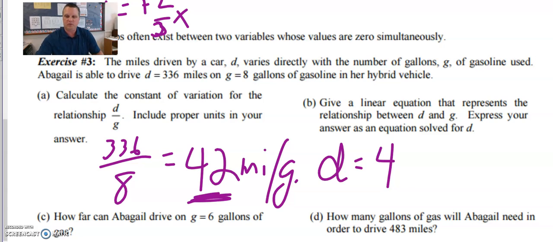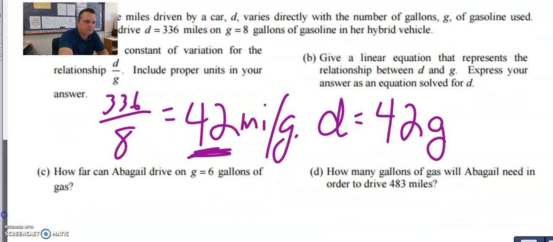So the distance equals 42 times the number of gallons you use. There's a linear equation: D is the distance, which equals 42 miles times the total number of gallons.